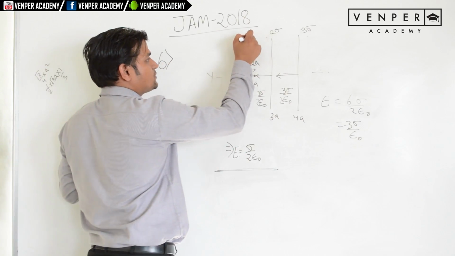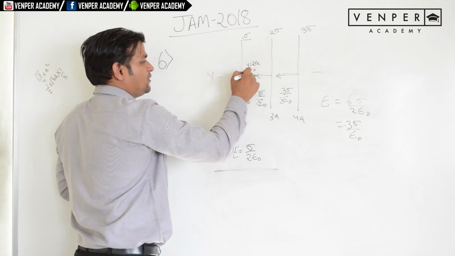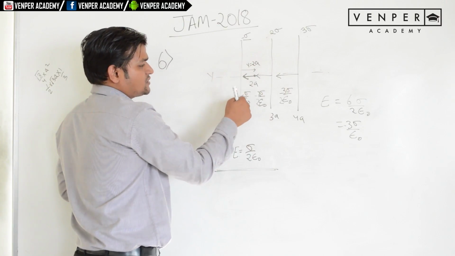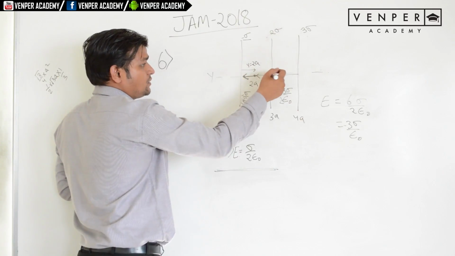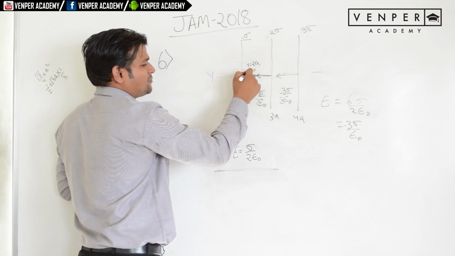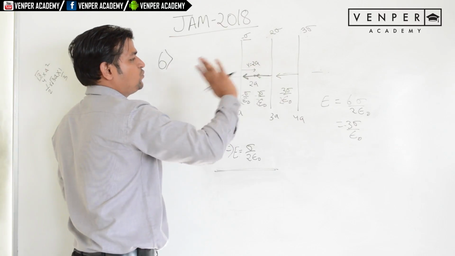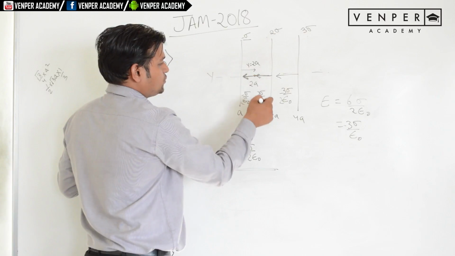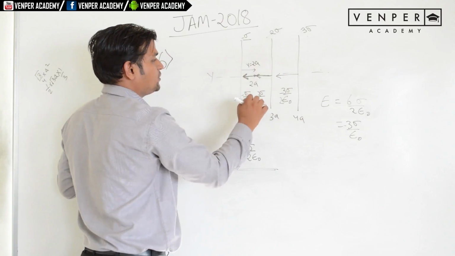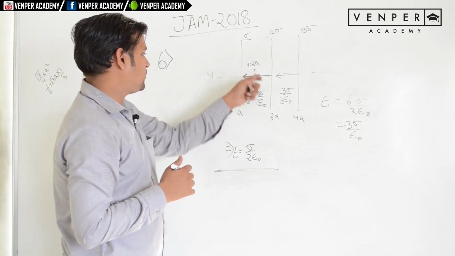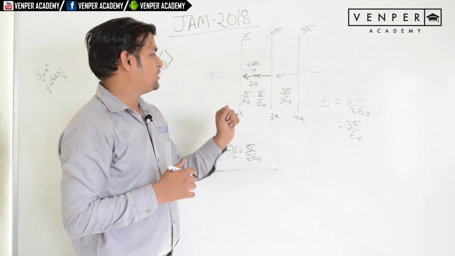So see, due to the minus sigma sheet, the electric field will be in this direction, so it will be minus sigma upon 2 epsilon naught. Due to this one, the field will be away from the sheet, just outward, so it is 2 sigma upon 2 epsilon naught, and because it is along the minus y axis, it will be minus 2 sigma upon 2 epsilon naught.